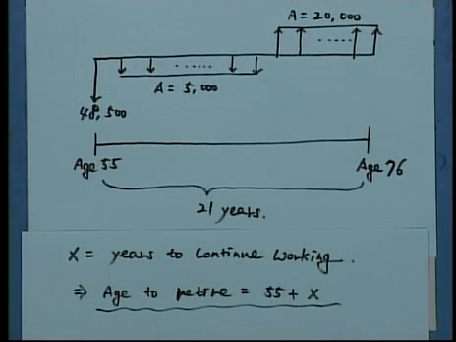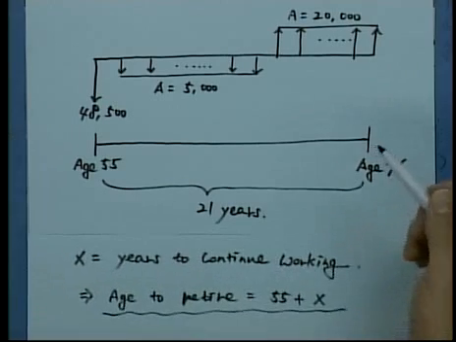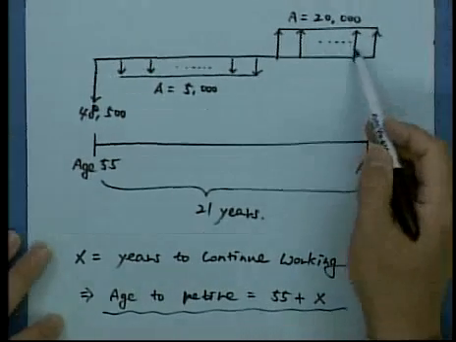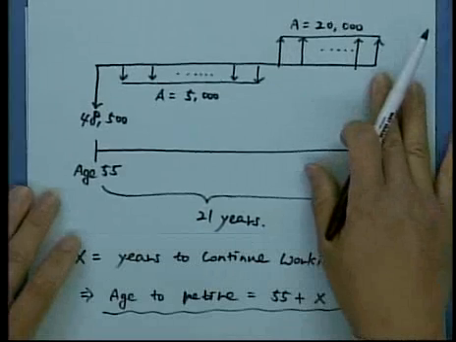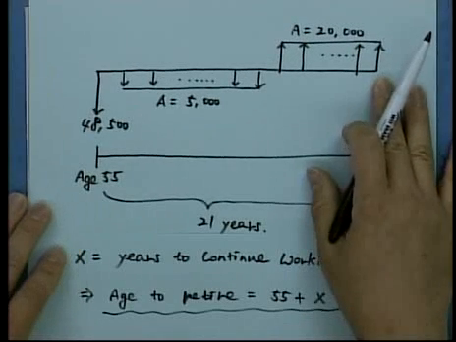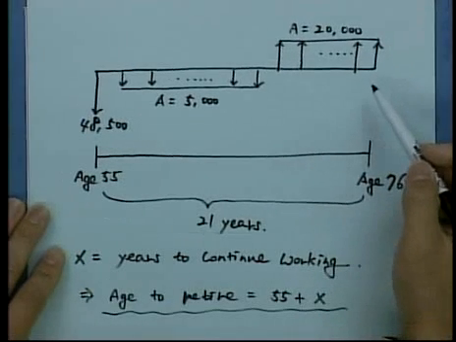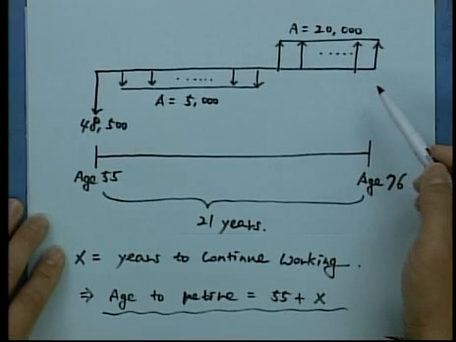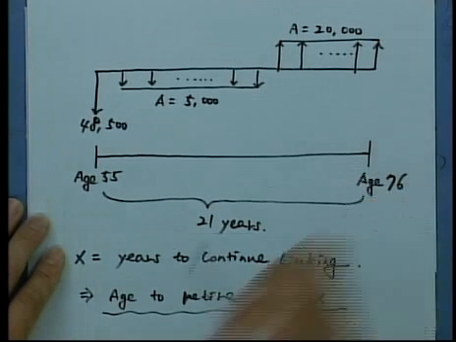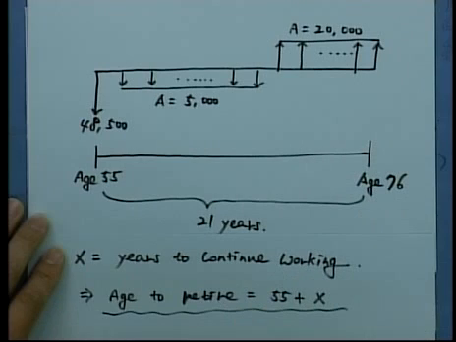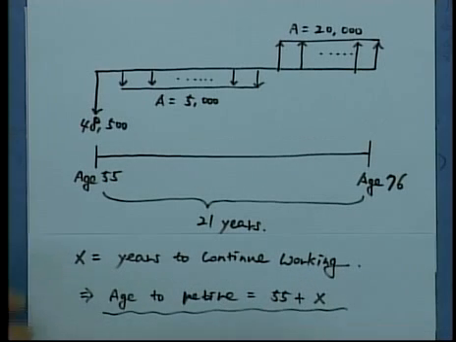Which means that he will receive an annual income of $20,000 from his retirement fund. For how many years?